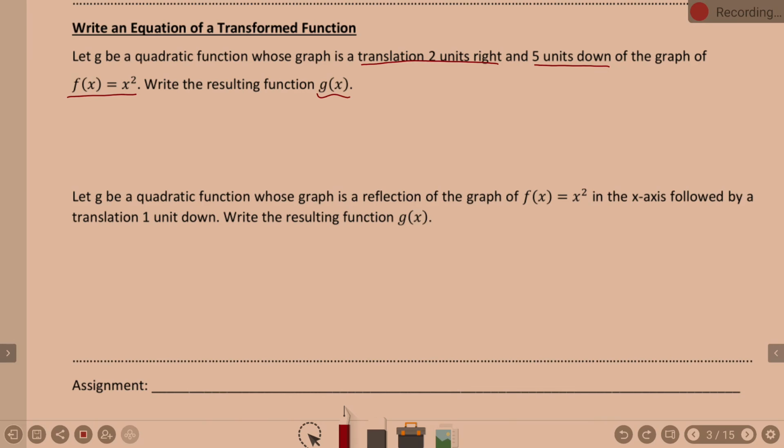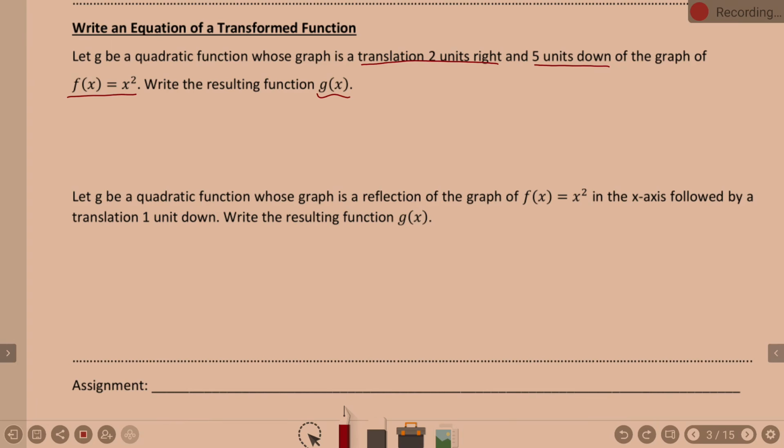Okay, so they gave us a couple of translations. They told us the beginning equation is x squared, and they called it f of x equals x squared. We're writing the new equation. So, how do we show things like 2 units right and 5 units down?